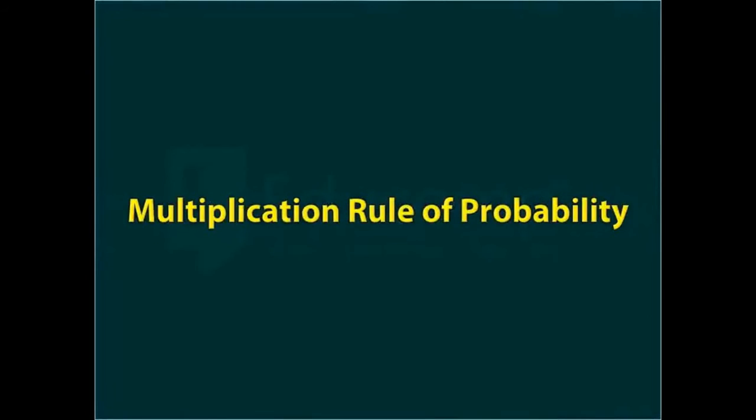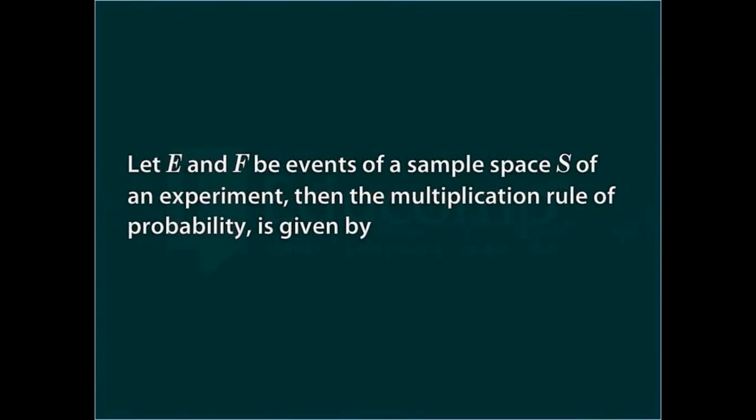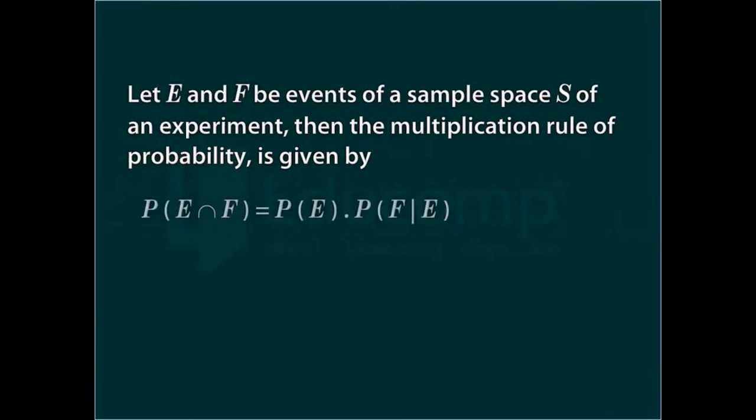Let us also recall the definition of multiplication rule of probability for two events. Let E and F be events of a sample space S of an experiment. Then the multiplication rule of probability is given by: probability of E intersection F equals probability of E into probability of F given E has already occurred, probability of E is not 0.